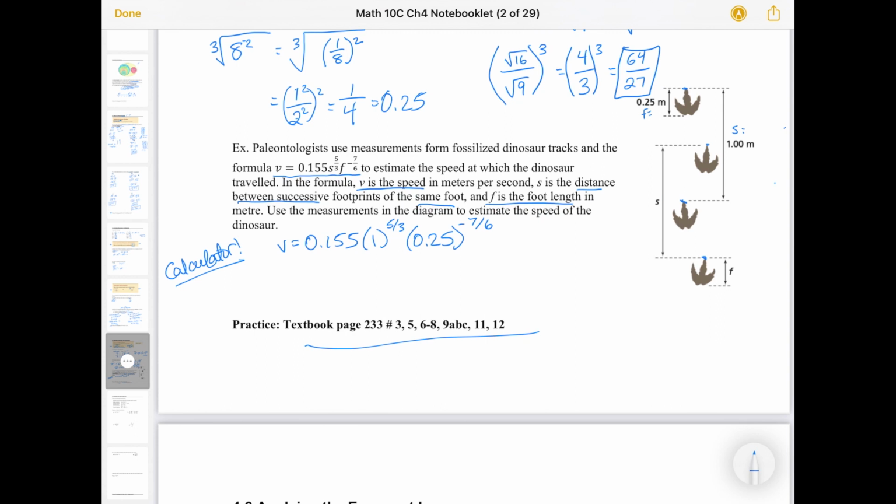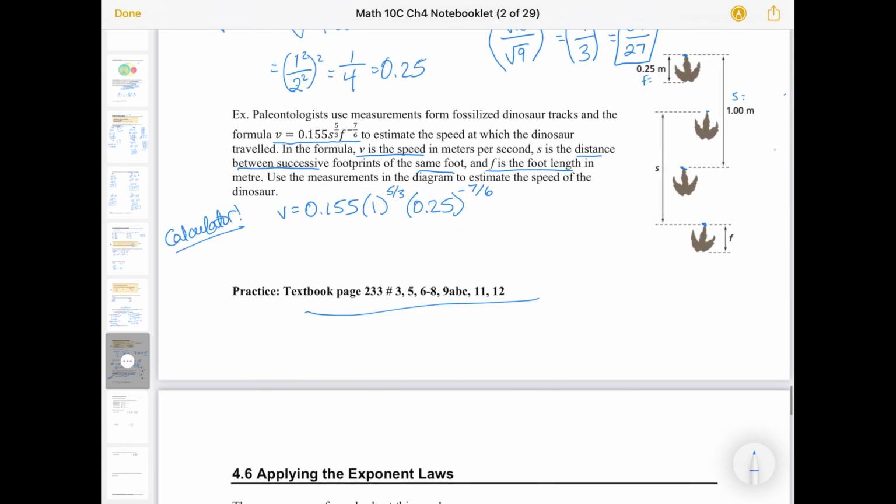Let's go with brackets 1 to the exponent of 5 over 3. Let's bracket again my 0.25 to the negative 7 over 6. Again, know your calculator here. Make sure you have the fractional exponent showing up, the negative exponent, that's all working properly.